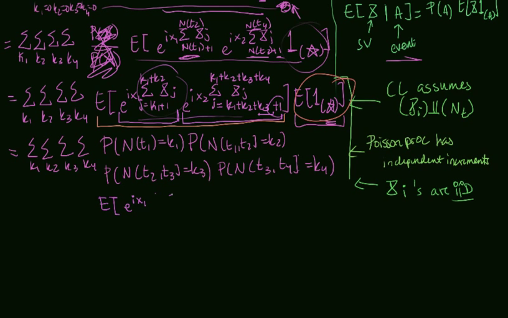So what we essentially have here is the product of e to the ix1, xj for j equal to one thing, and then multiplied by e to the ix1, xj equal to the next thing, and so on. And in that product, we have how many terms? We have k2 terms.